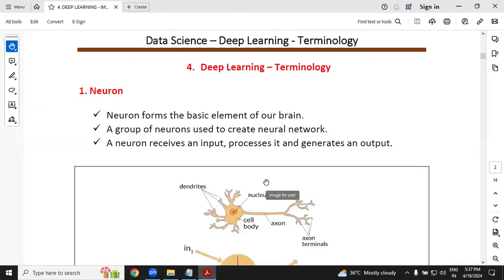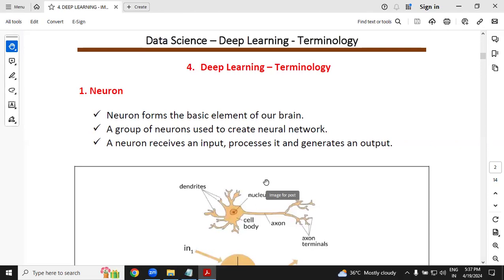The neuron forms the basic element of the brain. Our brain is completely filled with neurons. Simply, what neurons do is carry the information and forward the information. It receives the input and releases the output.